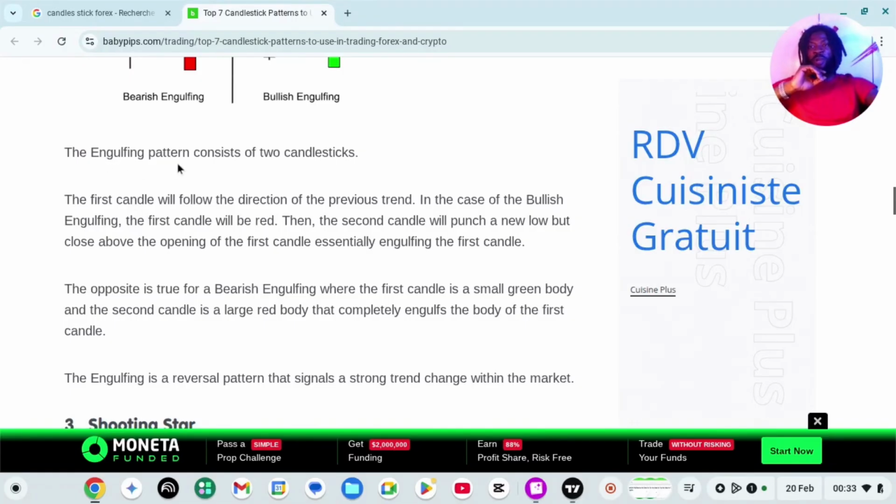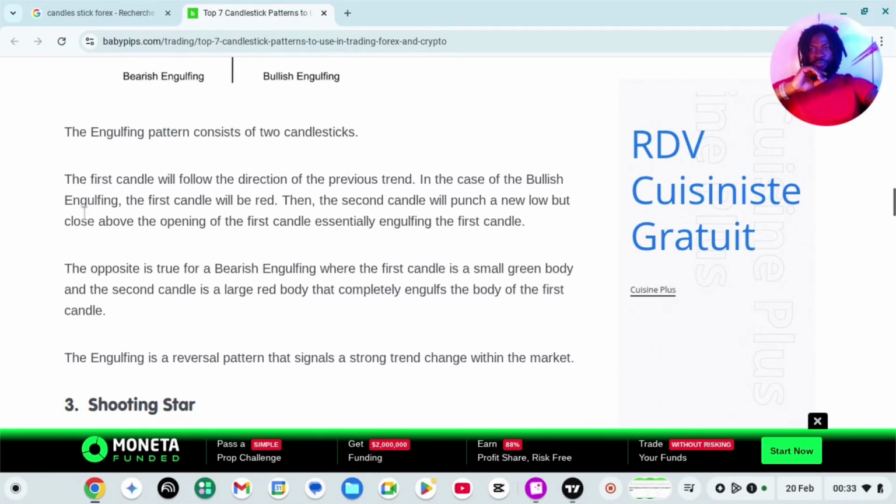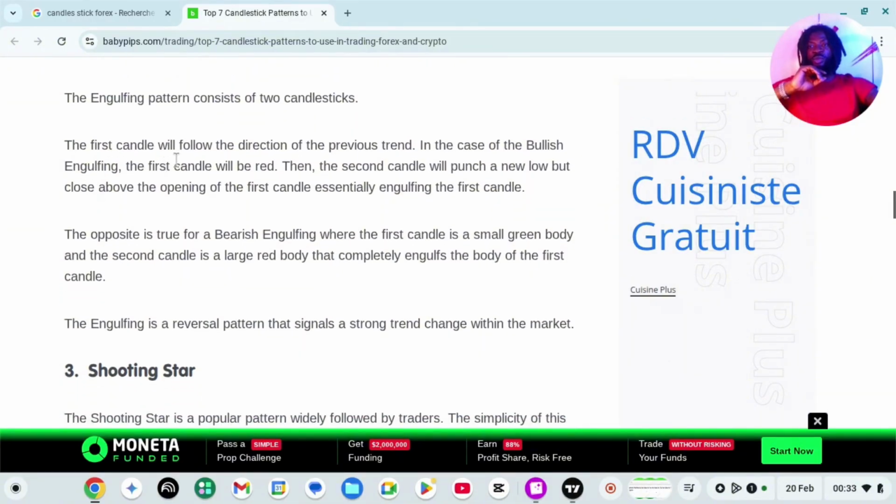The engulfing pattern consists of two candles. All right, the first candle will follow the direction of the previous trend. In the case of the bullish engulfing, the first candle will be red. Then the second candle will punch a new low but close above the opening of the first candle, essentially engulfing the first candle.